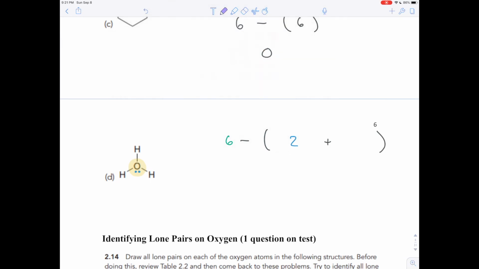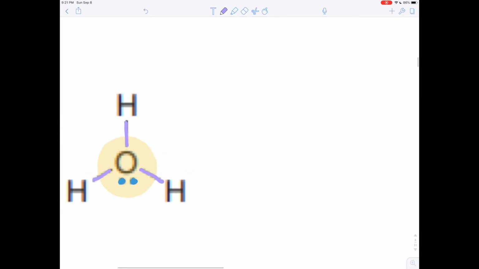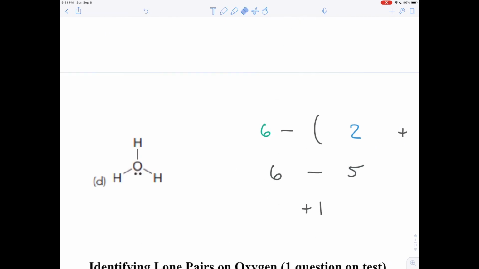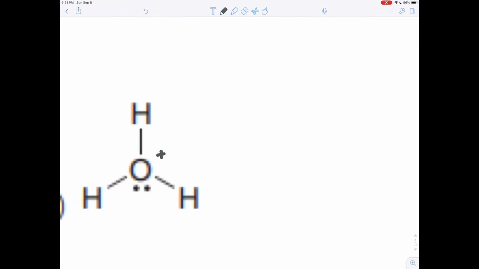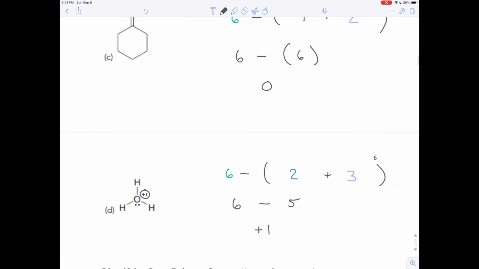And then we have around that oxygen 1, 2, 3 lines. So that's 3 lines. So the formal charge will be 6 minus 5 or plus 1. So you would write the plus 1 right next to the oxygen and circle it, and that would be the formal charge there.